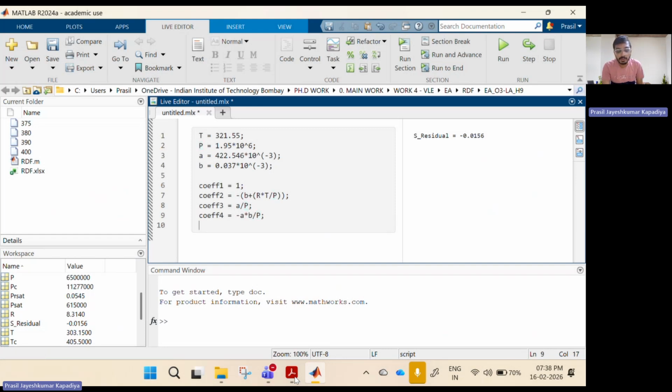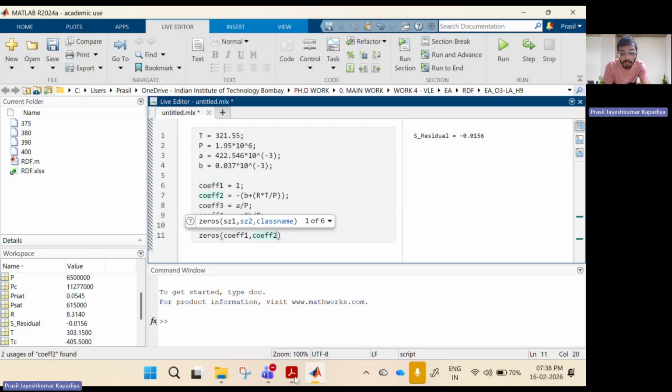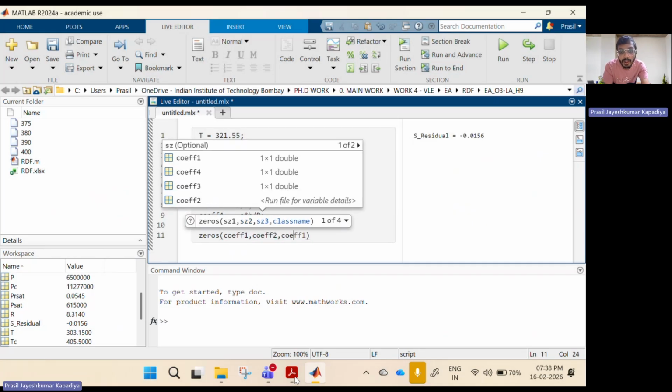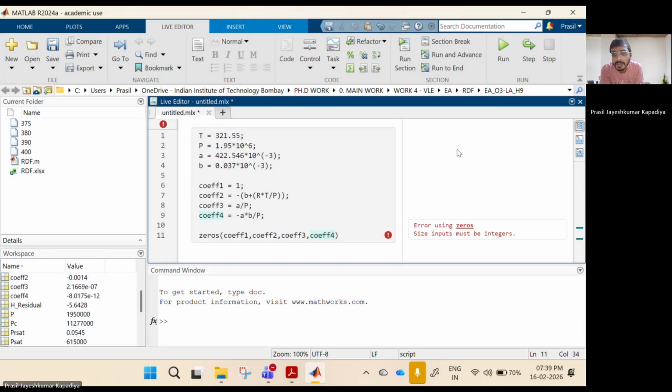So now to find this root, we can use roots of coefficient 1, coefficient 2, coefficient 3 and coefficient 4. Sorry, not zeros, roots.